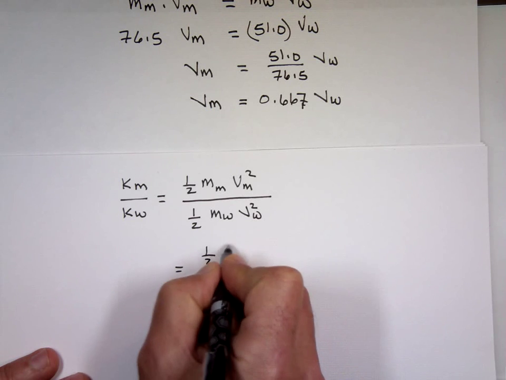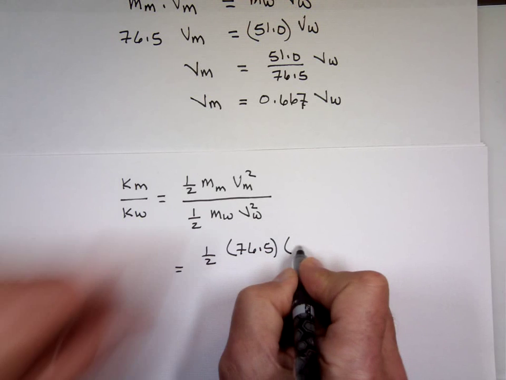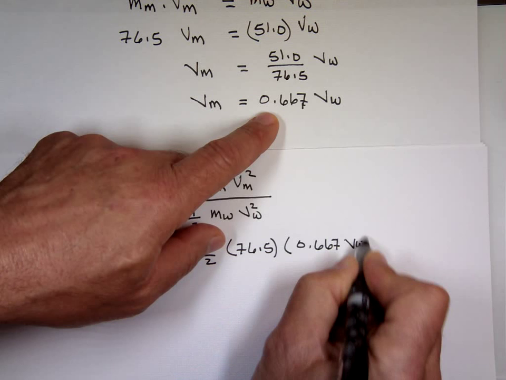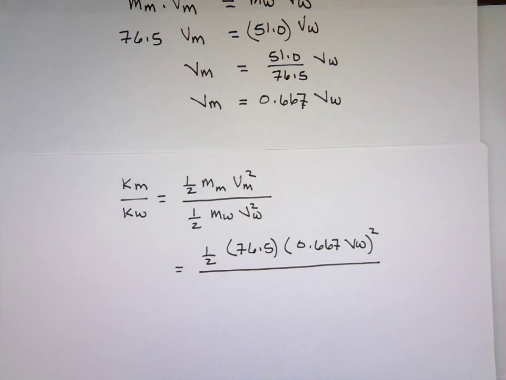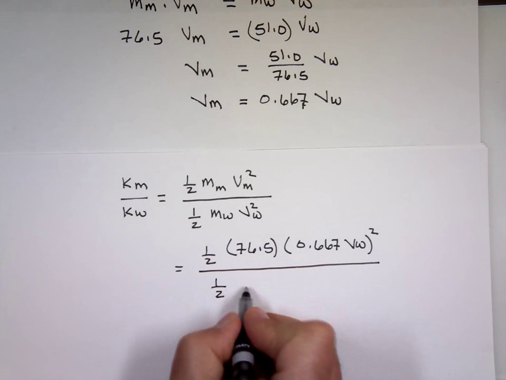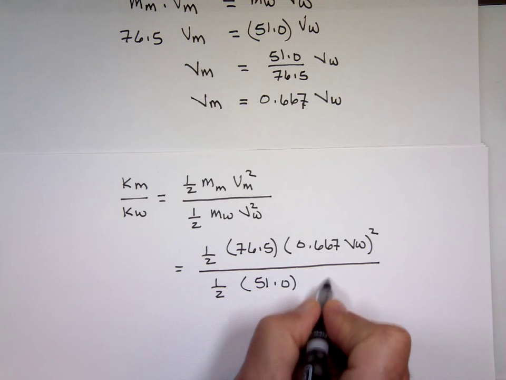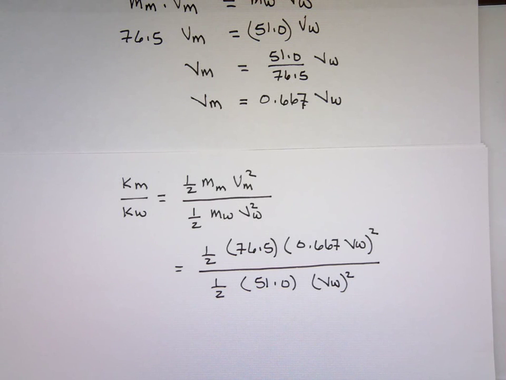The mass of the man is 76.5, and the velocity of the man, which is 0.667 VW, squared, you got to square that, over 1/2 the mass of the woman, which is 51.0, times the velocity of the woman squared. And notice the velocity of the woman will disappear because they're both squared, so that's gone. And the 1/2 is also gone.